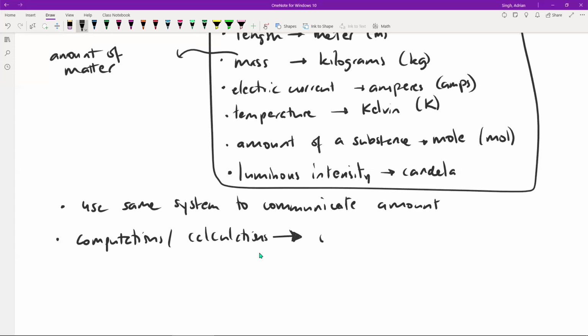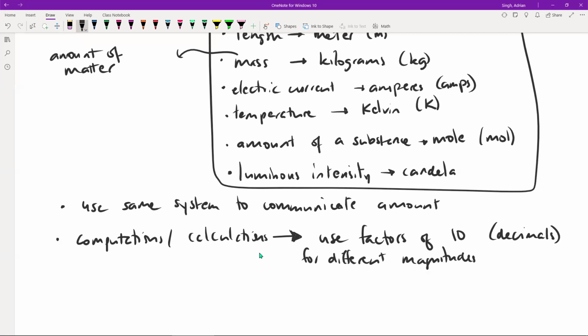These are factors of 10 or decimals for different magnitudes of measurements.